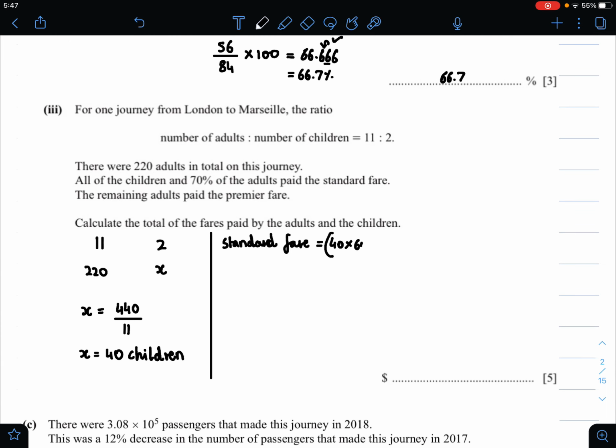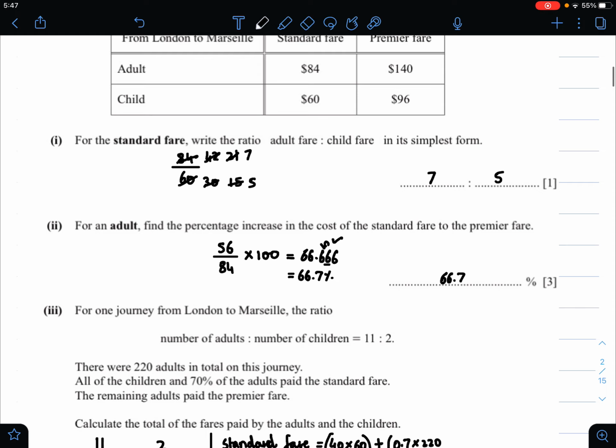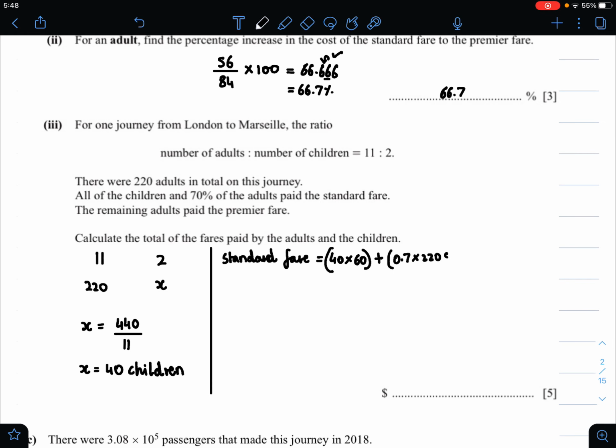So 40 multiplied by 60 plus 70%, so that is 0.7 multiplied by the total number of adults, because 70% of the adults paid the standard fare. So standard fare for adults is $84. So 0.7 multiplied by 220 multiplied by $84.